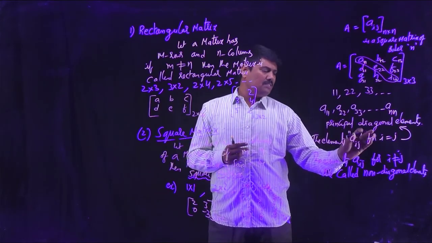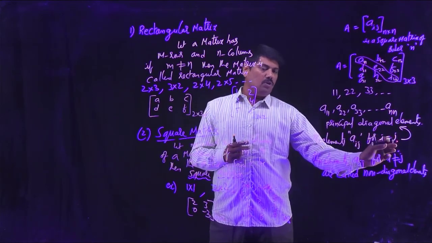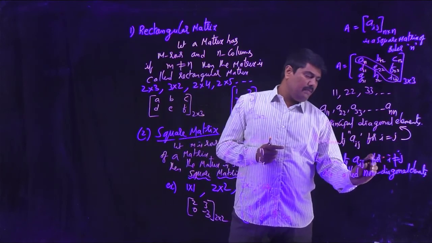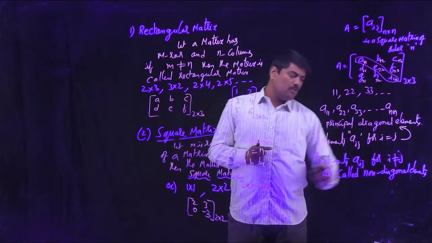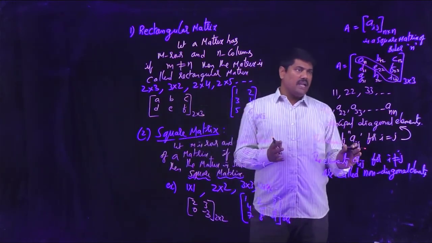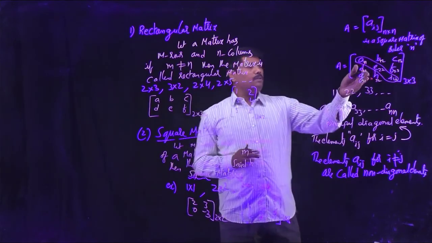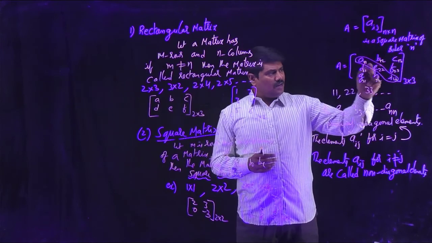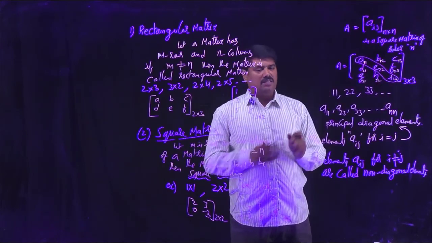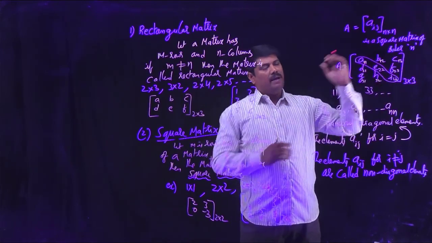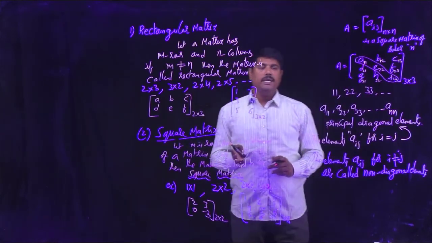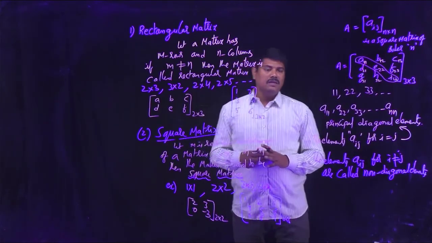The elements Aij for i equal to j constitute principal diagonal elements, and the elements for i not equal to j are said to be non-diagonal elements. Observe the example on your screen here. In this example, A, E, I are principal diagonal elements. Why? Because their row and column numbers are equal, and the remaining elements B, C, D, F, G, H are referred to as non-principal diagonal elements.